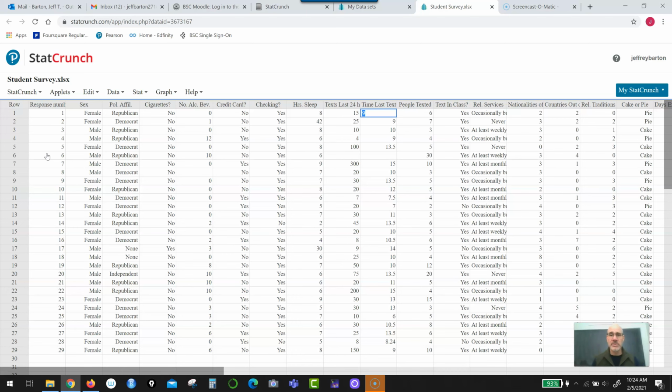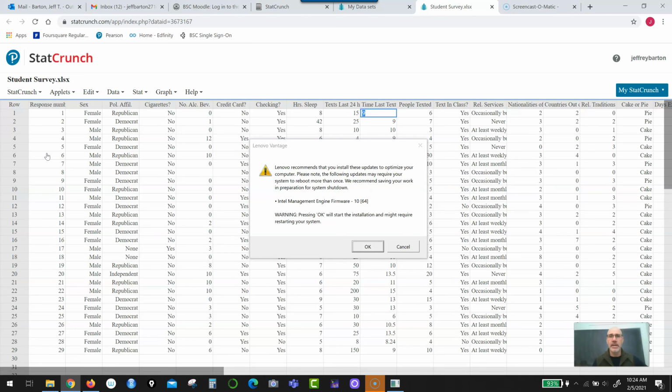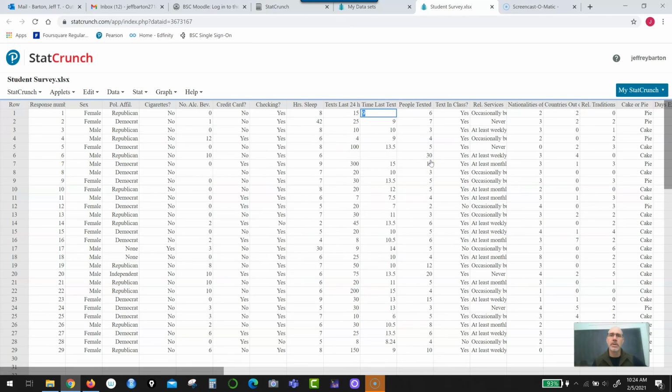Actually, this reminds me that I wanted to say something about this variable, because I recognized after the survey that the way the numbers were getting reported was going to be inconvenient for the way that we want to deal with this variable later on. So it's not necessarily going to be a problem today, but later on it would be.